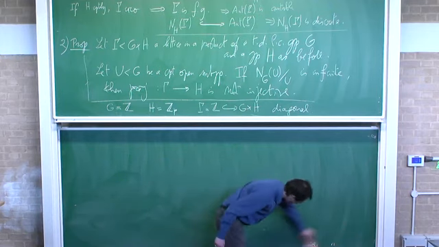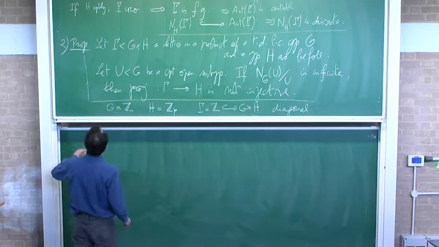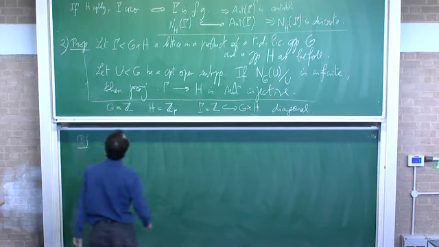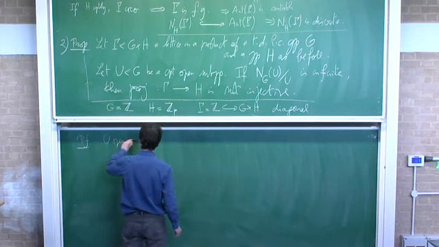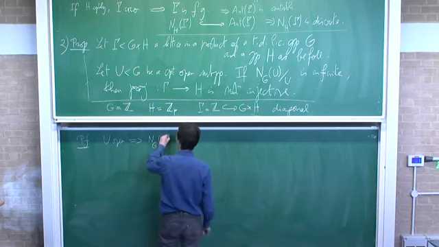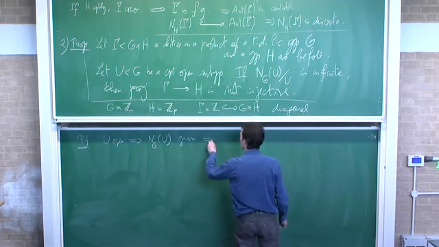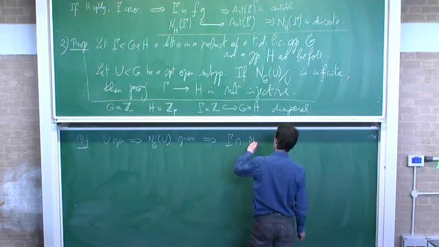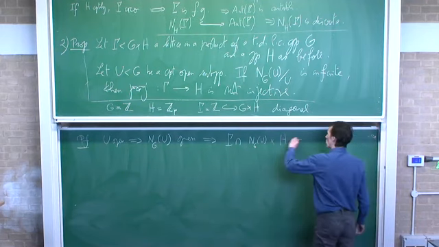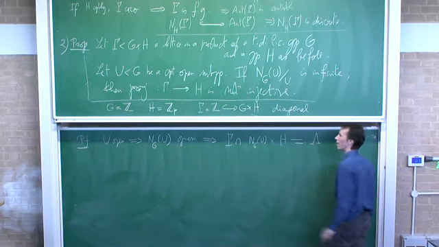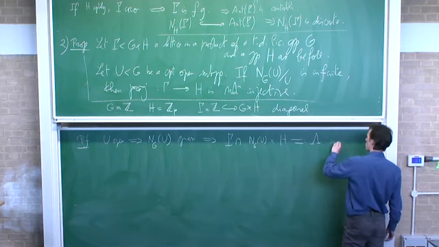So this proposition follows essentially from Fürstenberg's theorem. Let me sketch the proof. So U is open. Therefore, the normalizer of U is open because any overgroup of an open subgroup is open. And so the intersection, let's call it lambda, when you intersect a lattice with an open subgroup, it's a lattice.